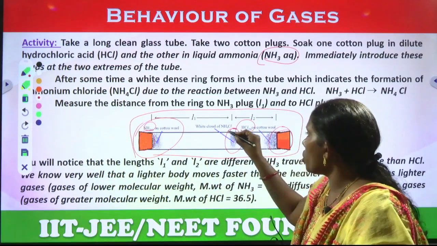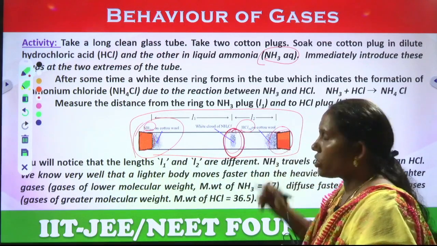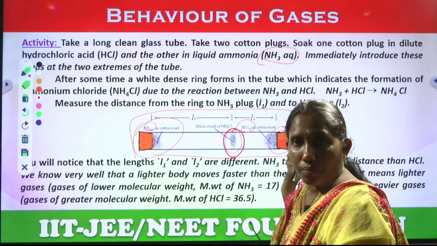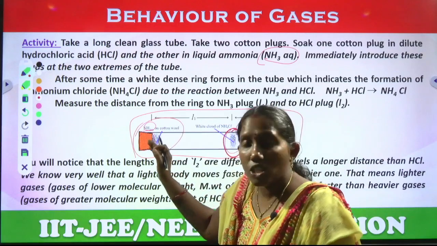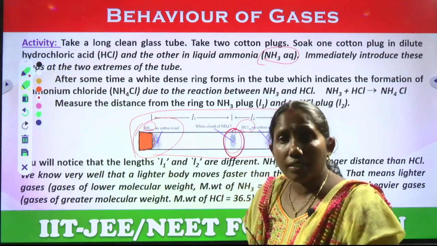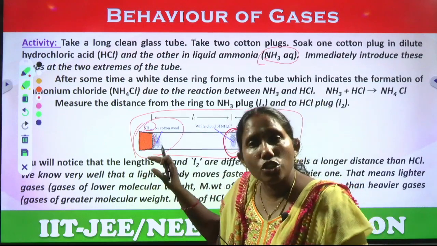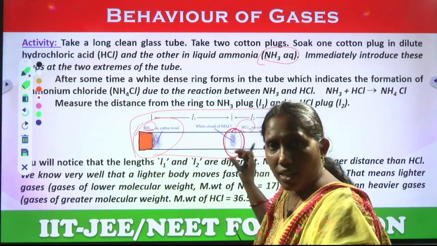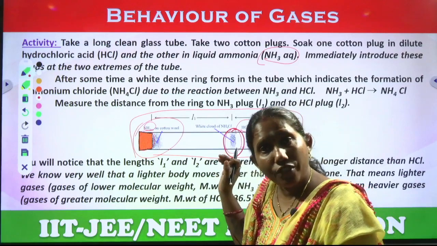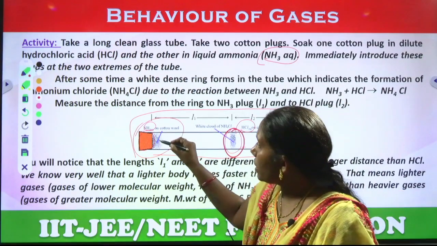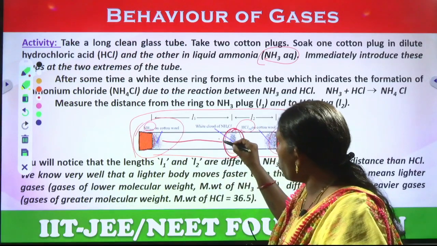We observed it near the HCl cotton wool, far from the NH3 cotton wool. That means that compared with HCl, NH3 travelled more distance. NH3 diffused more than HCl. That's why NH3 travelled more distance.